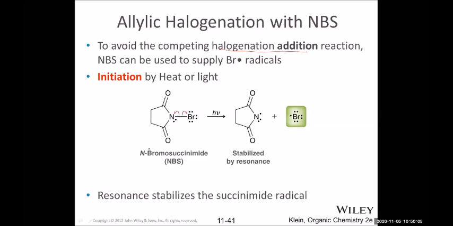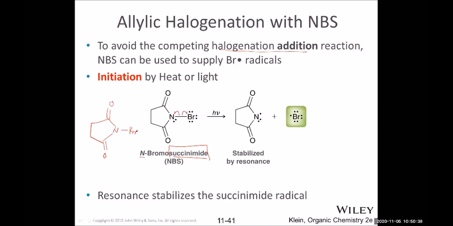NBS is the short name for N-bromosuccinimide. Basically the nitrogen forms a bond with bromine, and it is a fairly stable molecule. Succinimide is basically an amide. So we have the amide as a product.